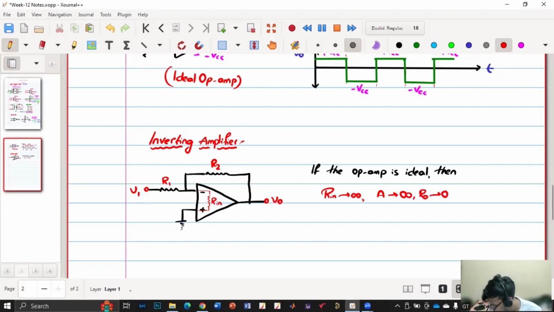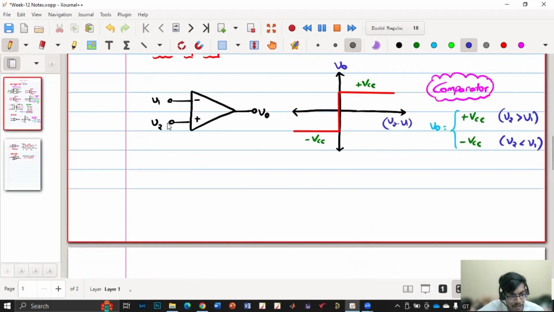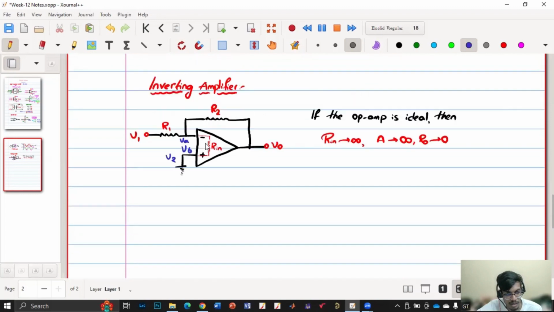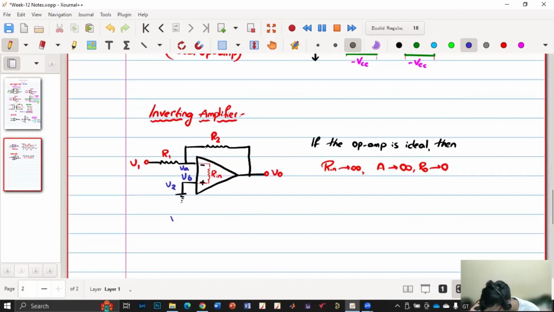This we know. Now, say this is my VA and this is my VB. Also, VB can be V2. So these are my V1, V2 input terminals, and VA, VB are the voltages at this minus and plus, because there is a resistance here. VA and V1 are not the same. Here I mean to say VB is equal to V2.